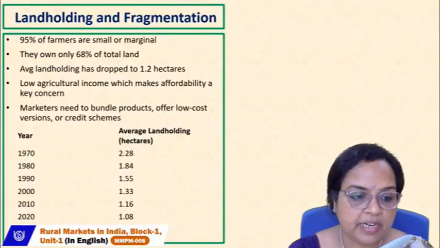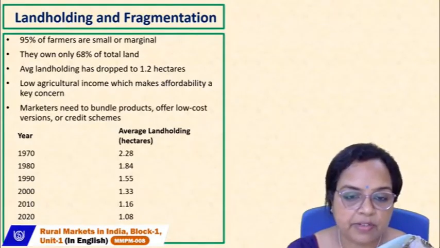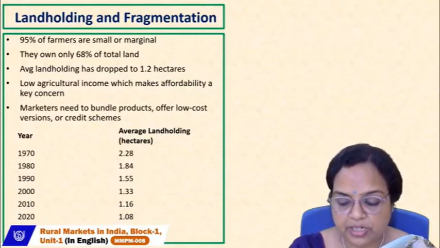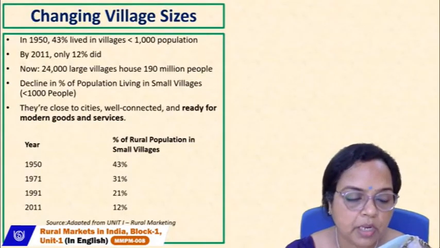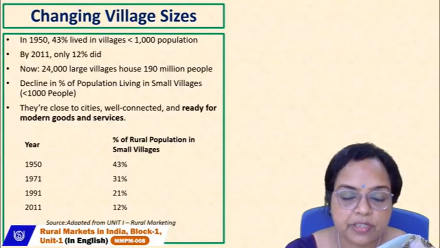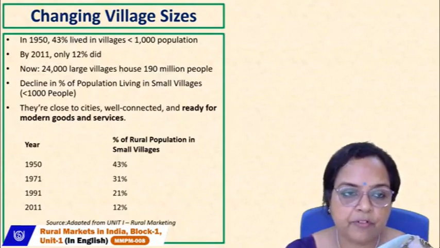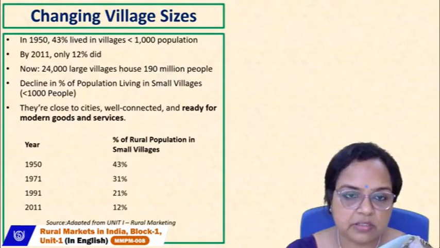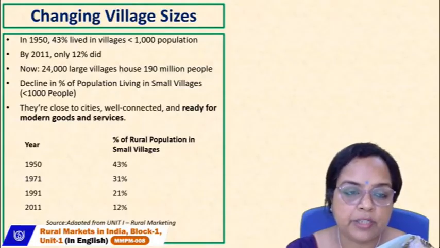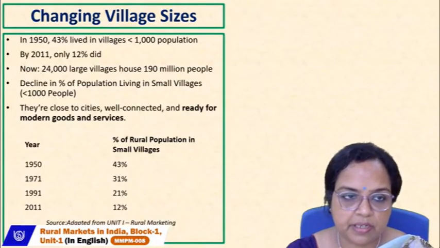This table shows that the 1970s average land holding is 2.28 hectares and towards 2020 it becomes 1.08 hectares per person. Then we will discuss changing village sizes. In 1950, 43% lived in villages having less than 1,000 population. By 2011, only 12% live in those particular villages.